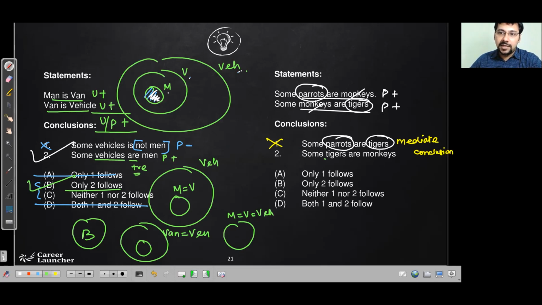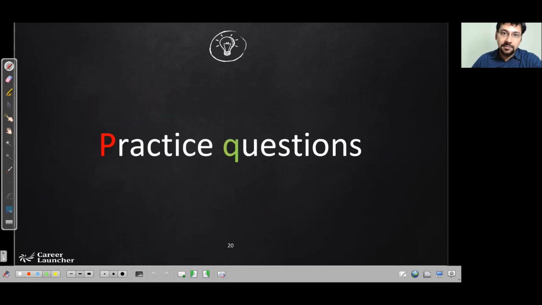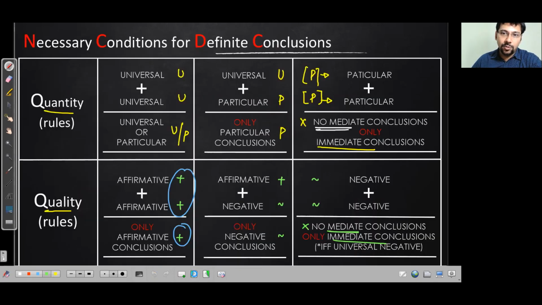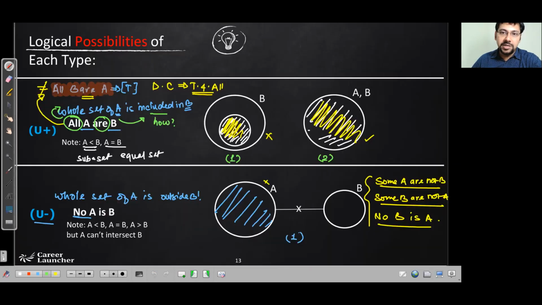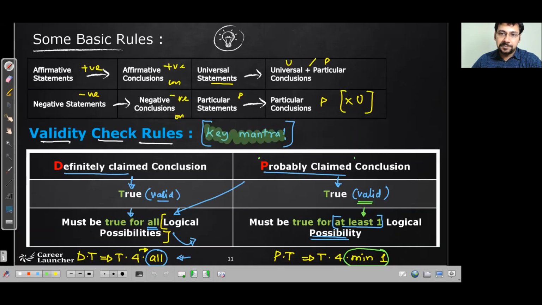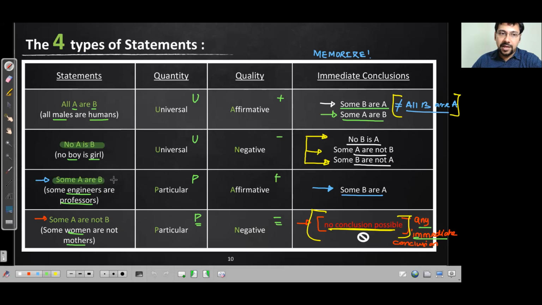However, "some tigers are monkeys" is only coming from this. Remember, I told you to learn the immediate conclusions possible. For example, "some A are B" immediately gives us "some B are A." And therefore, if I say some engineers are professors, I can also say some professors are engineers.